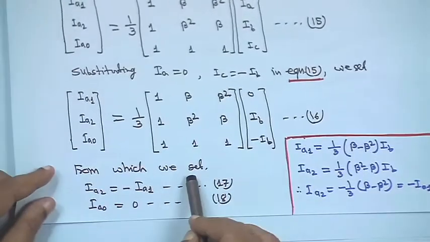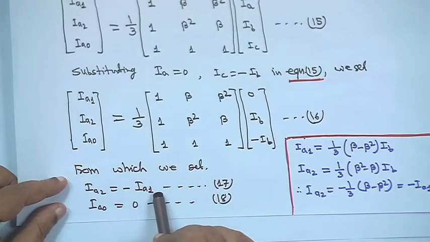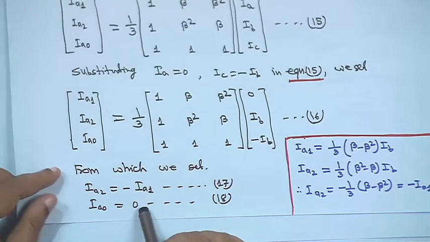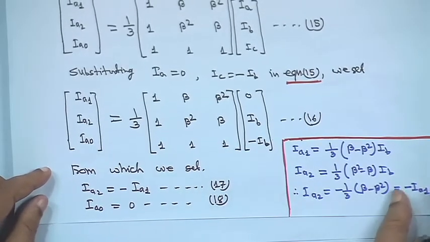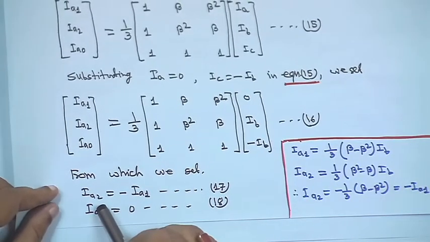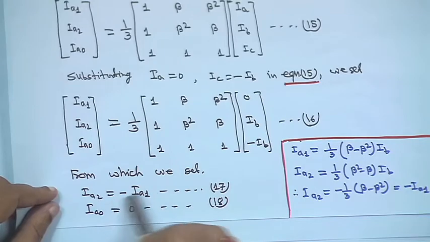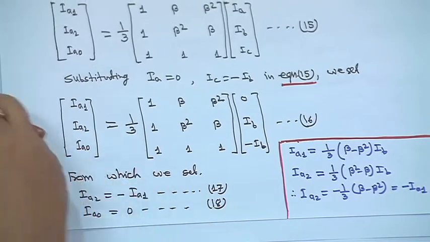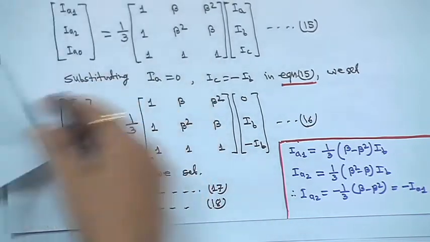That is why we write IA2 is equal to minus IA1 and IA0 is equal to 0. So for a line to line fault there is no zero sequence current, and IA2 equal to minus IA1 means they are in opposition. We will see all this later.